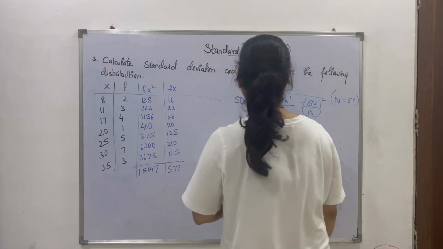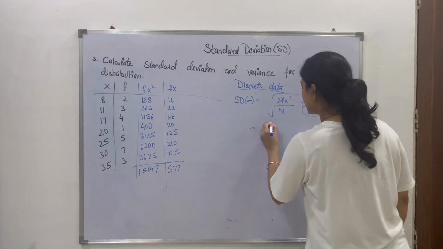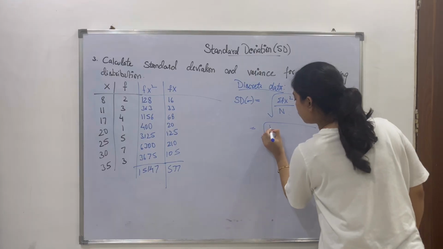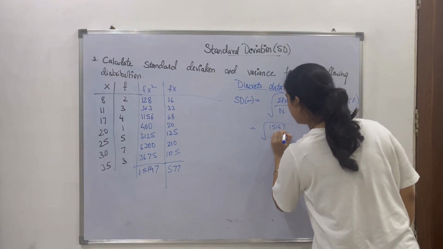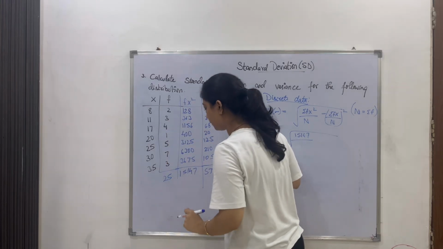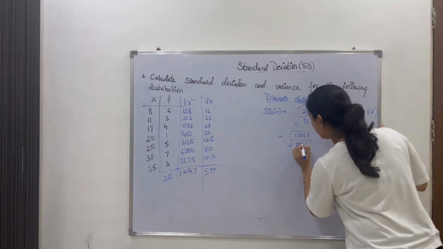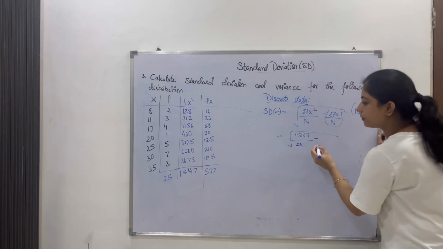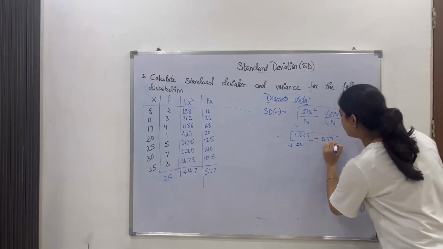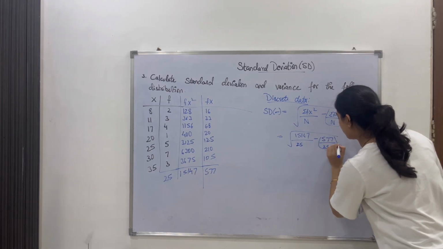So now let us substitute this in the formula. Summation of fx square is 15147. Total of f column is 25. Now let's substitute: this divided by 25 minus summation of fx is 577 by 25 the whole square.